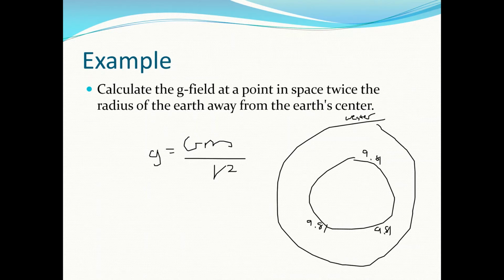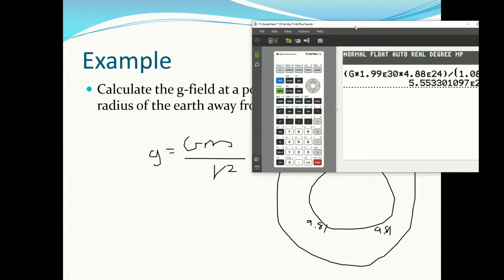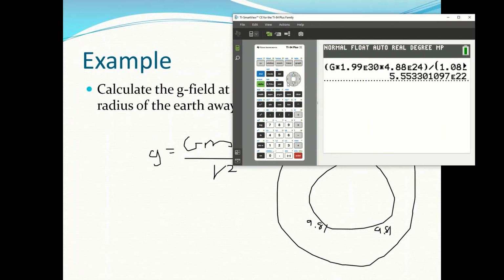I can show you that it's 9.81 if I just plug in G times the mass of Earth, 5.97 times 10 to the 24, divided by the radius of Earth, 6.37 times 10 to the 6, squared. Then I end up getting 9.81.